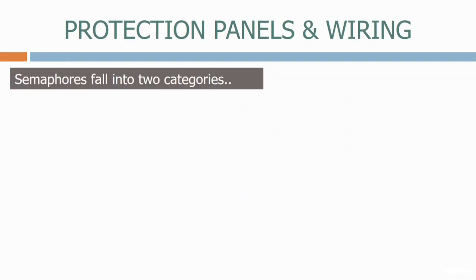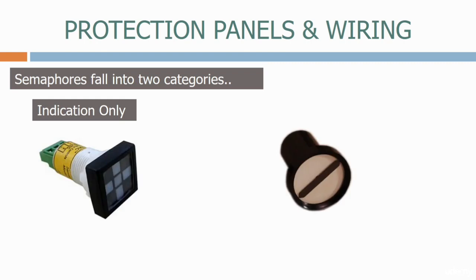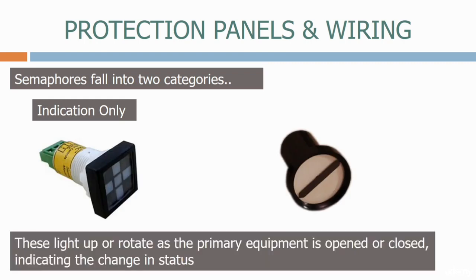Semaphores fall into two categories. Firstly, we have indication only. These light up or rotate as the primary equipment is opened or closed, indicating the change in status.